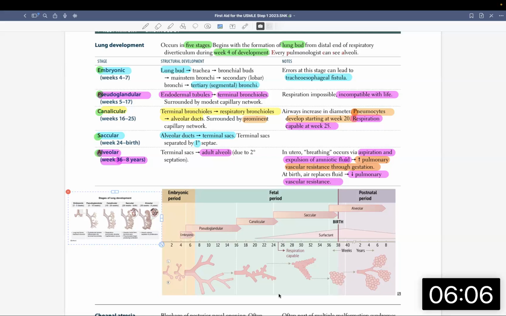And the real exam is not supposed to give these marginal questions. So hopefully they don't, but you never know. So ectopic, this is prophase metaphase. The stages of lung development. Okay.